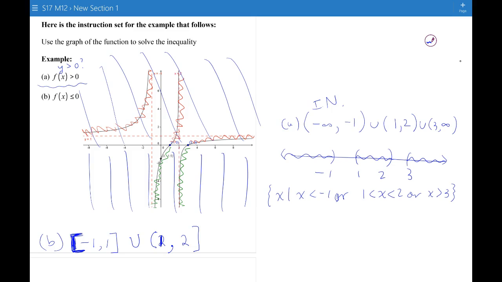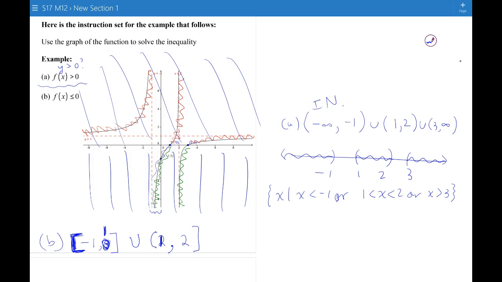Let me try again. My eyes aren't seeing this right. So it's from negative 1 to 0. This part right here. Oh, and all the way up to 1. Negative 1 to 1. Those are negative y values.